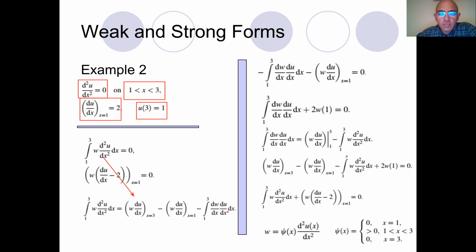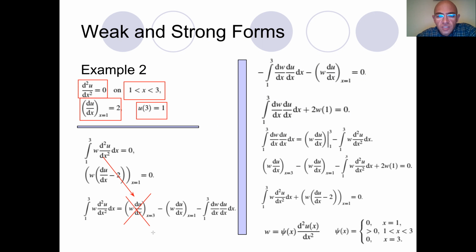Now here the point comes. Remember that at the essential boundary, where x is equal to 3, the weight is equal to 0. Therefore, this term vanishes because it is 0.